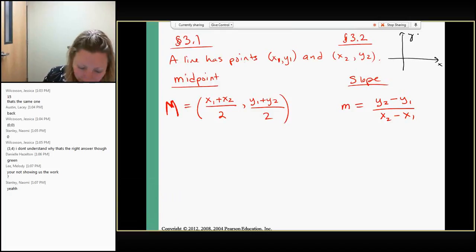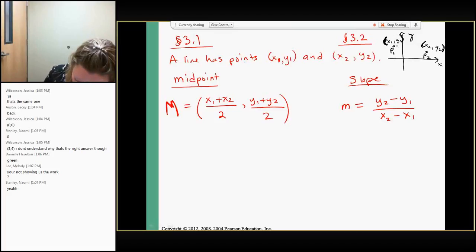It doesn't really matter where these points are, but maybe I have a point here. Let's call that my first point. And what some people would do is actually say that's point 1. And then I have another point over here, let's call it point 2, and then that's why you have your x sub 2, y sub 2. It just means it's another point. Okay, so you've got your point here, x, y, and you have your point here, x, y, but it's the second point.